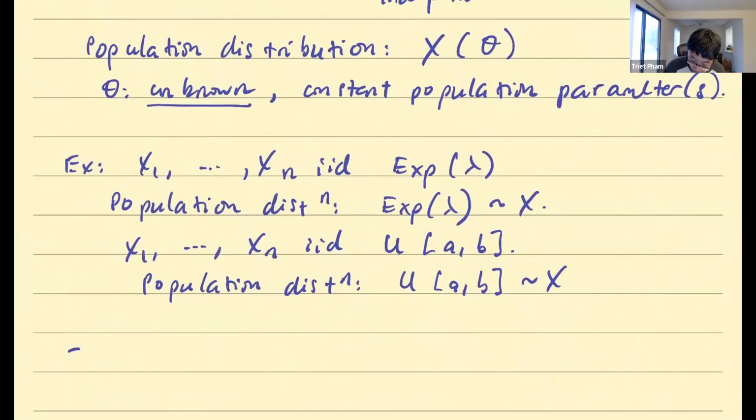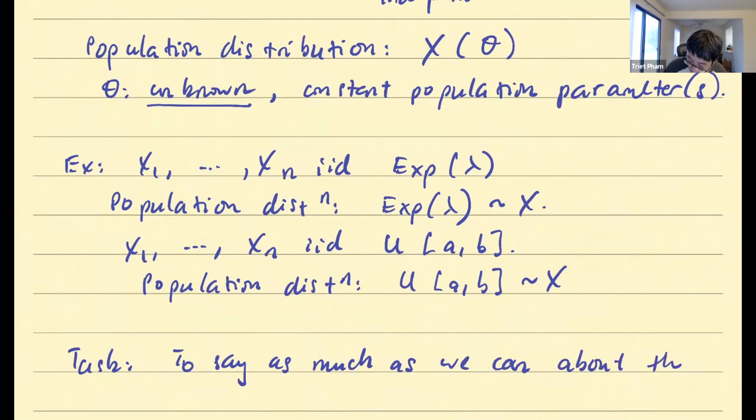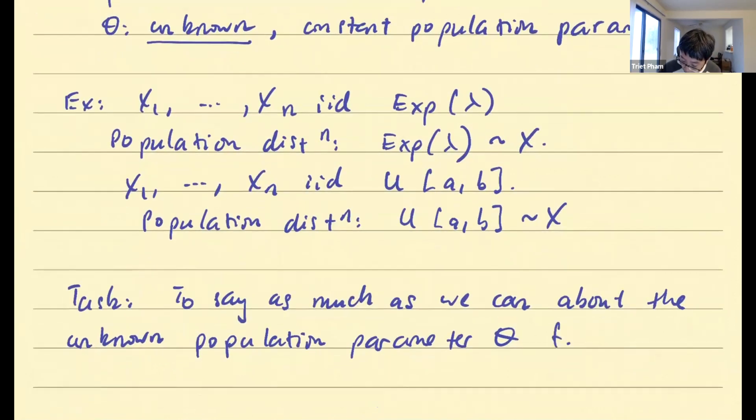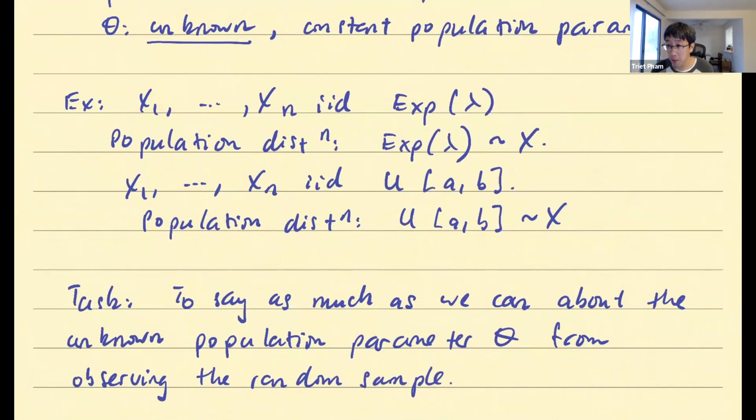Our generic task is to say as much as we can about the unknown population parameter theta from observing the random sample. And that's it. That's actually the message of parametric statistics right there.